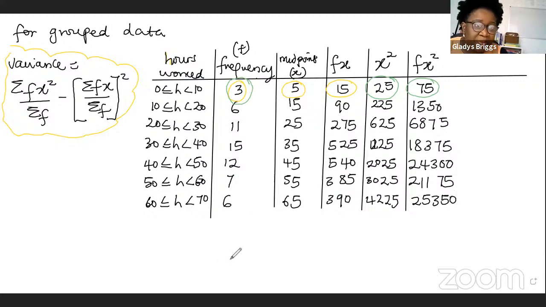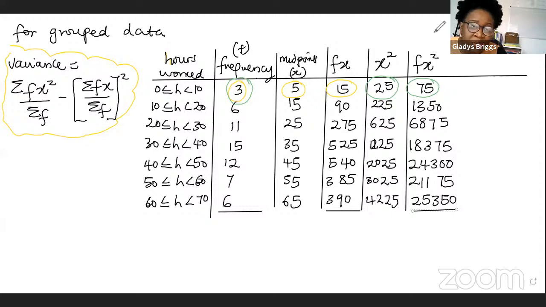Okay, so when you finish putting all your information in, you work out your summations. You need sigma f, sigma f times x, and you also need sigma f times x squared.